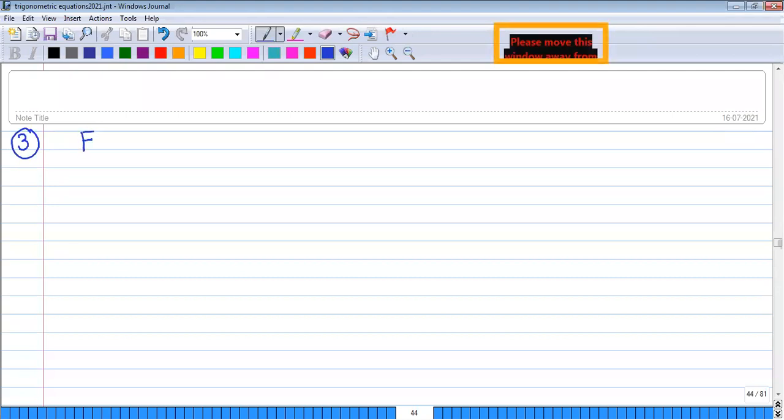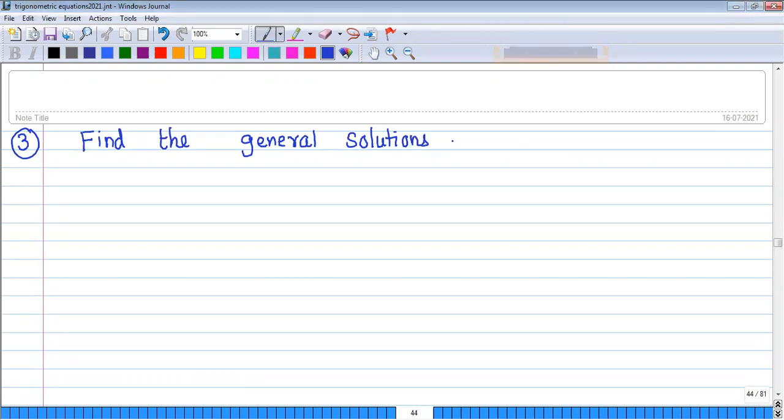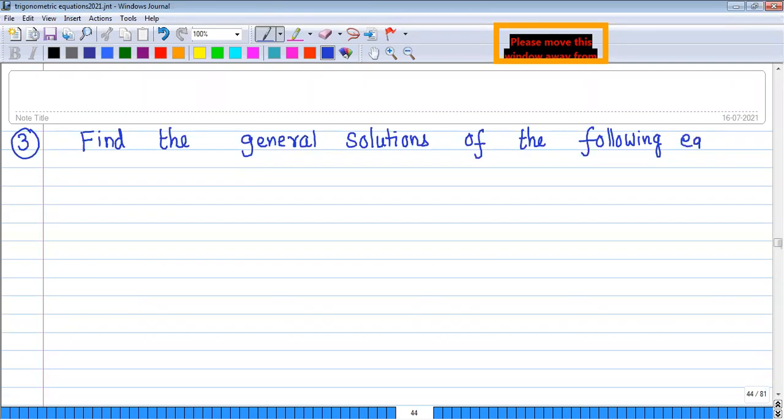Find the general solutions of the following equations.